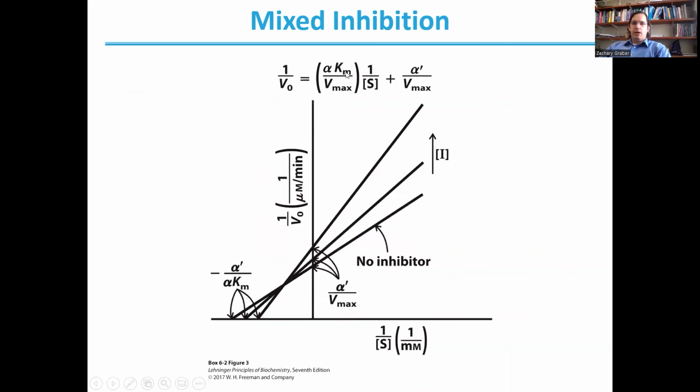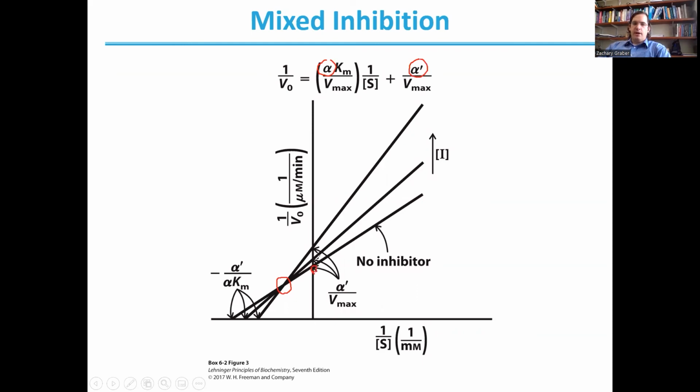Let's go back to our Lineweaver-Burk graph. So again, we take a double reciprocal of our Michaelis-Menten equation. We have our alpha term here that's modifying our slope. So notice the difference in slopes between our lines that then leads to our intersection point. And of course, we have an alpha prime term that's modifying our y-intercept.